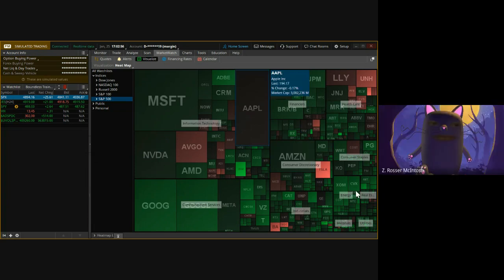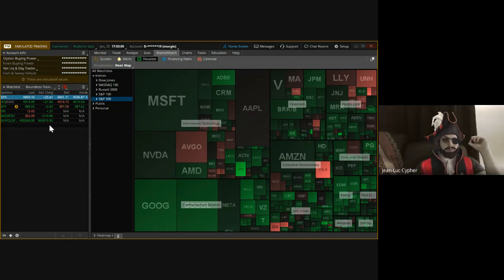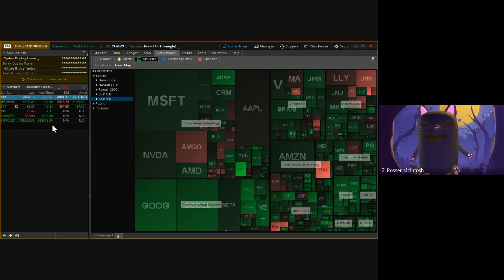Where? Like on the watch list or on the chart? It says 48.94 next to SPX on our watch list. Yep. That's basically just a representation of a price that is reflected by these companies put together.